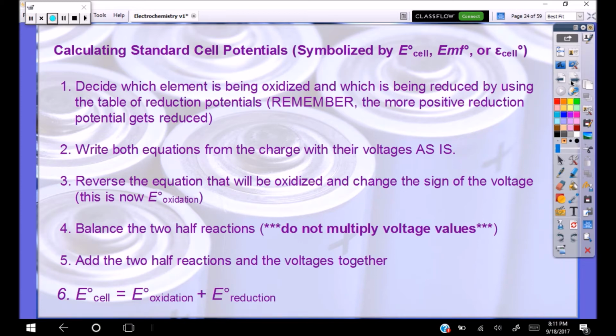You want to write both equations, both half reactions, from the table with their voltages as is. So we don't want to flip any signs to start. We want to just write down what we have, and we can worry about changing signs later. We can reverse the equation that will be oxidized and change the sign of the voltage.